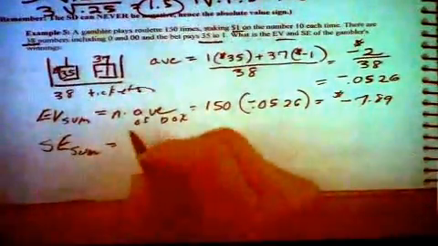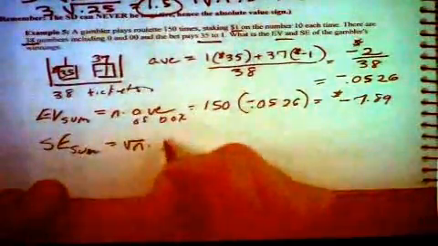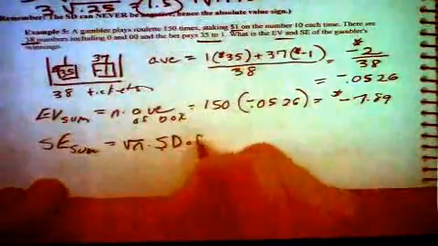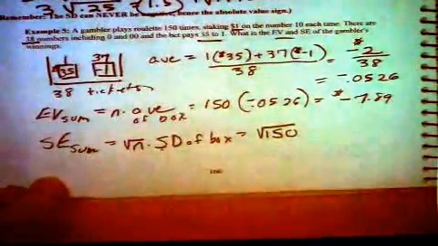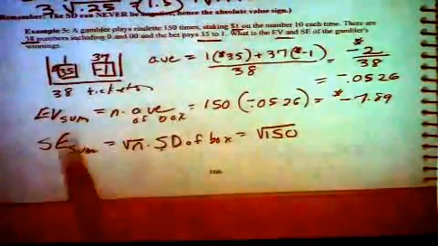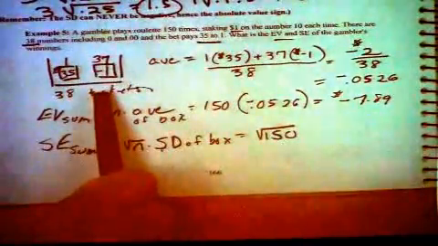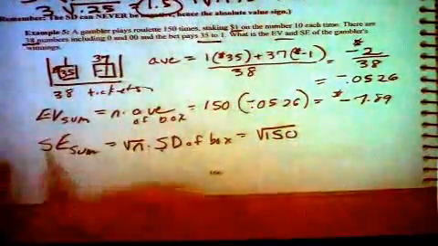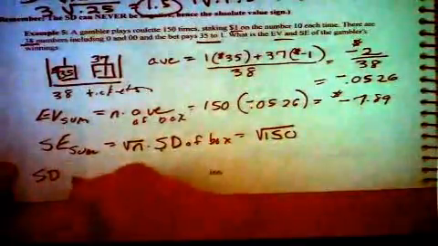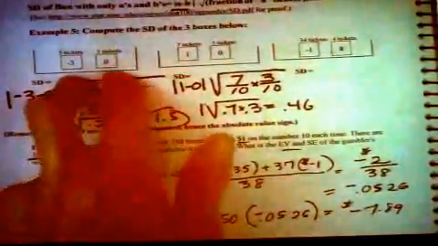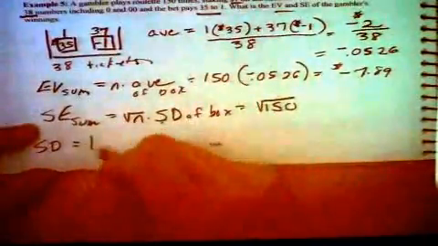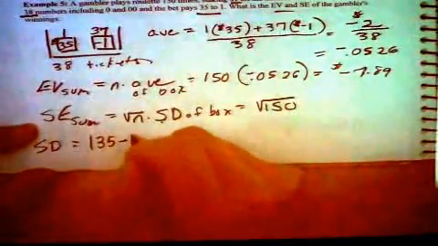Now, standard error of the sum. Standard error of the sum is that square root law, square root of n times standard deviation of the box. So, square root of 150 times the standard deviation of the box. How do we do that? Well, are there just two types of tickets? Yes. So we say standard deviation of a box with just two types of tickets. Remember, you take the absolute value of the difference of the tickets. So that's 35 minus negative 1.